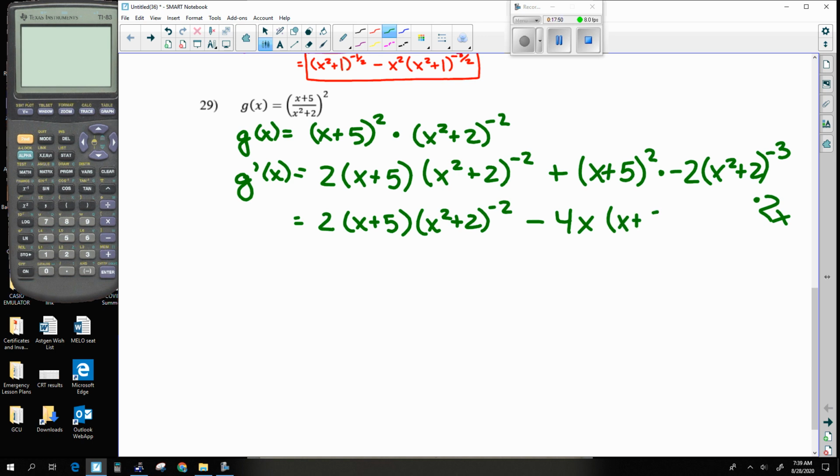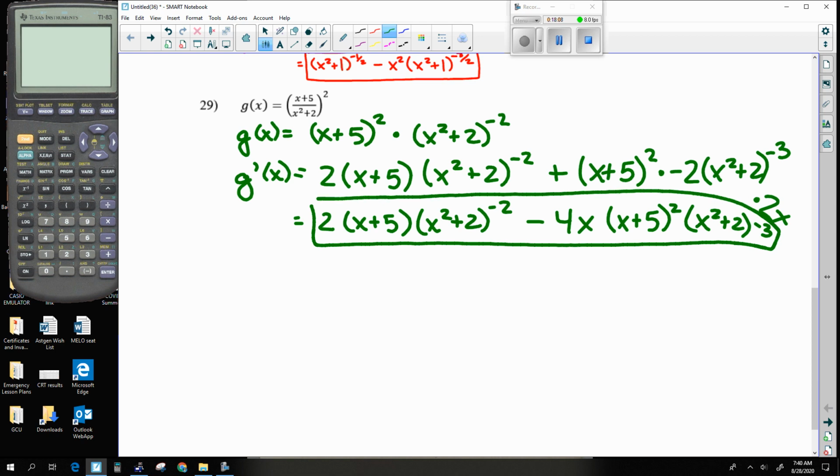And then we have an x plus 5 squared, x squared plus 2 to the negative 4. Again, you might see an answer that is GCF'd a little bit out of this, but I don't know. This is right, I know. It's big and nasty.